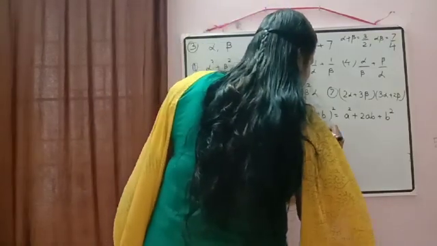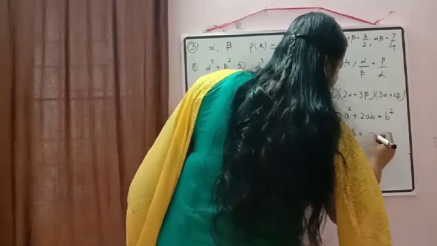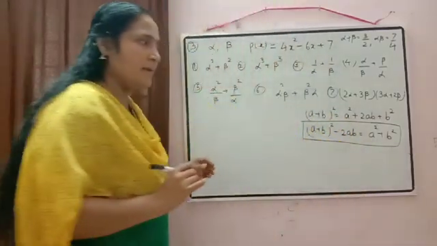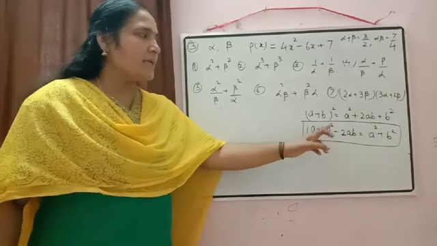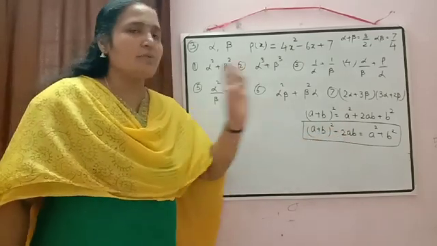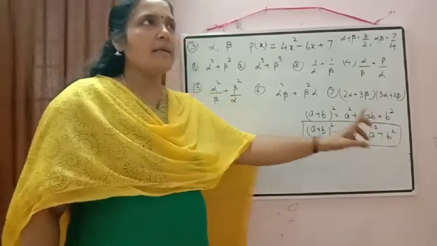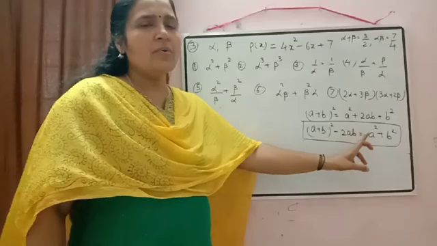Then what will come? A plus b the whole square minus 2ab is equal to a square plus b square. So this one you can remember as formula only. A square plus b square is equal to a plus b the whole square minus 2ab.